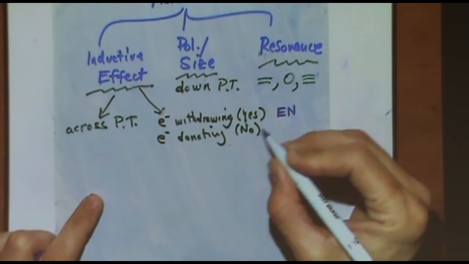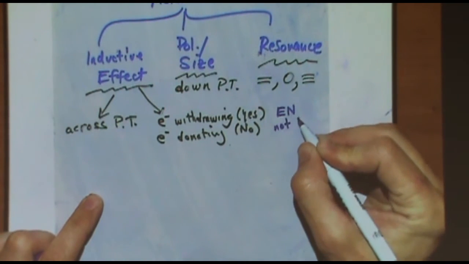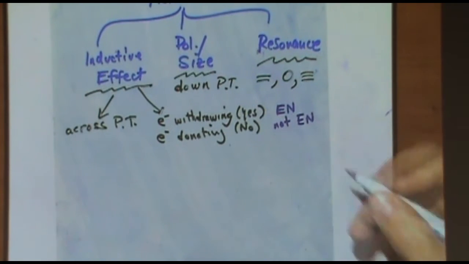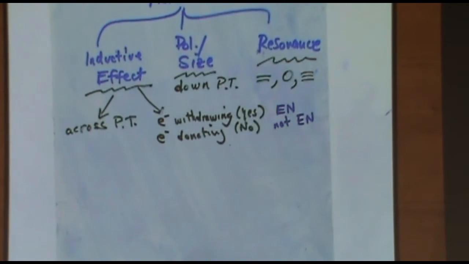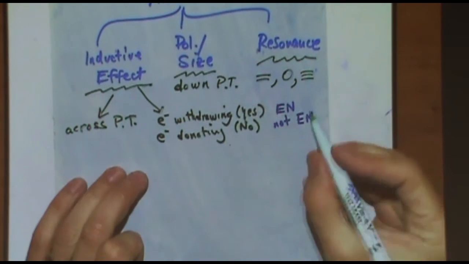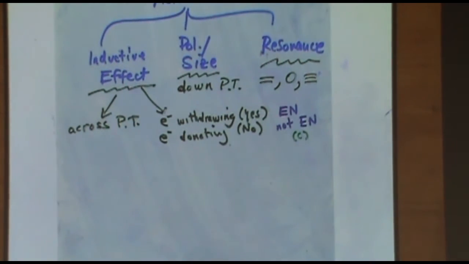And then electron donating are not electronegative elements. So you want electronegative elements, and you don't want elements that are not electronegative. The classic example of a not electronegative element is which element? Carbon. So the more carbons close to your proton, the weaker that acid will be.